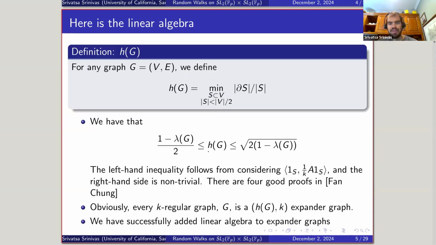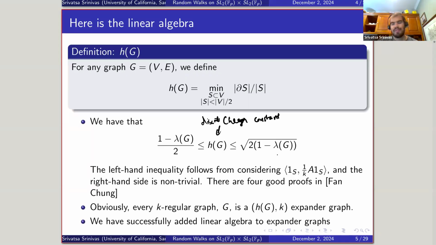We realize the following: this discrete Cheeger constant is bounded above by this term over here, how far away the second largest eigenvalue is from 1, and it's bounded below, again, by the same term.